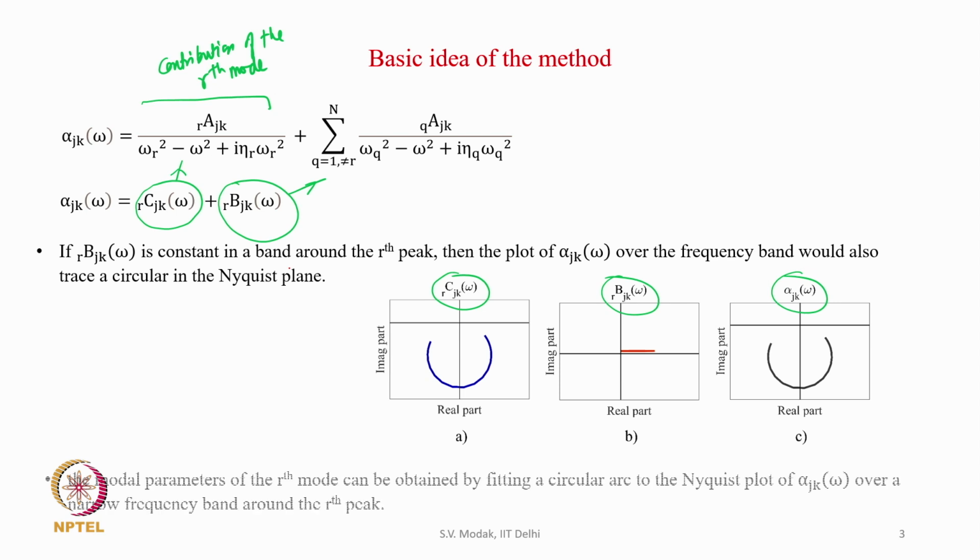So, this means that we can fit a circular arc to the measured FRF alpha jk and then determine the modal parameters from that circle. So, this is the idea behind the circle fit method.